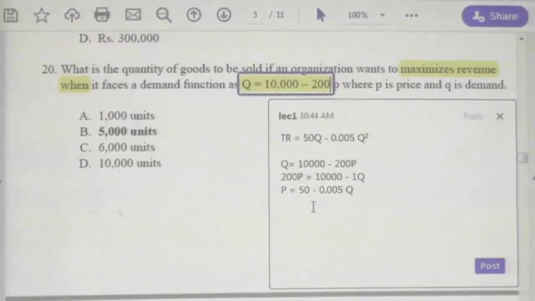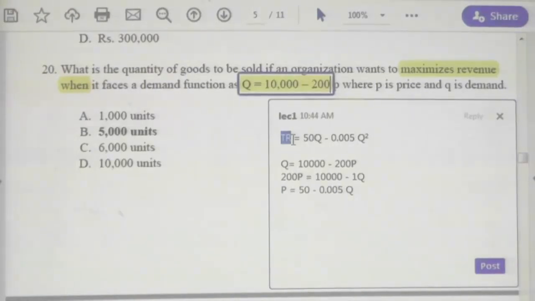Is that clear? When you plot a line or graph of a formula on a graph sheet, that line that represents the formula will turn. At that turning point, the value of TR, the dependent variable, will be maximum or minimum.